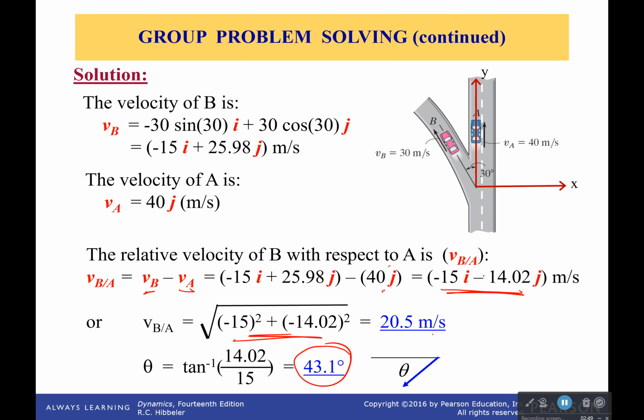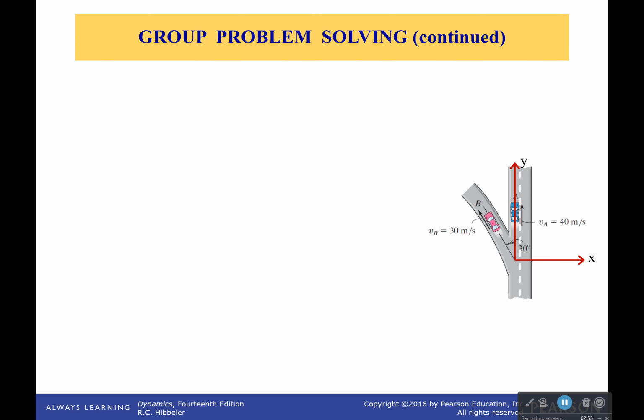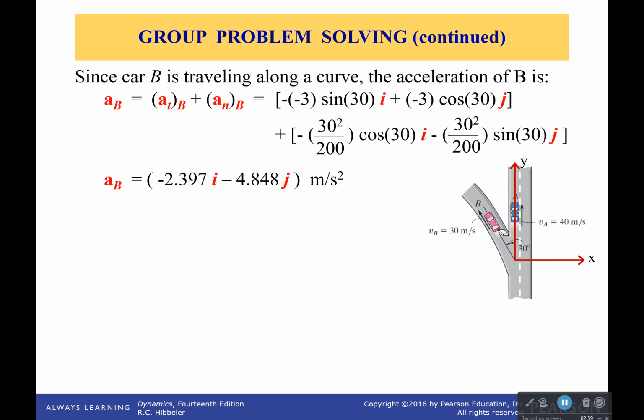Okay, now that all makes sense. That's all well and good. What about the acceleration? Because this one's going to round a curve right here. And so how is that going to change things? Well, look right here. Since car B is traveling along a curve, acceleration B is going to have multiple components. It's going to have a normal component and a tangential component.